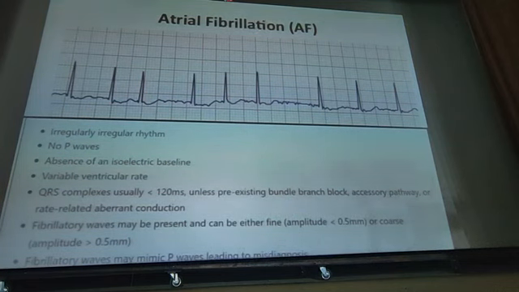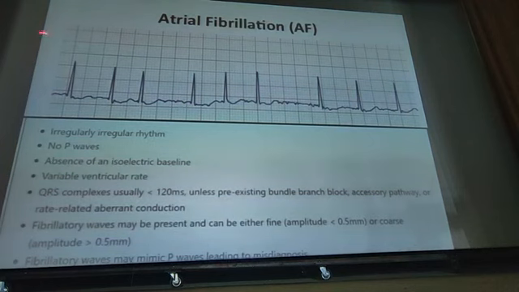Here it is AF. There are irregular waves. You can see the QRS here, there is a long pause with 10 QRS developed, but here there is a short pause, and if you can see, there are 3 QRS subsequently and near each other.